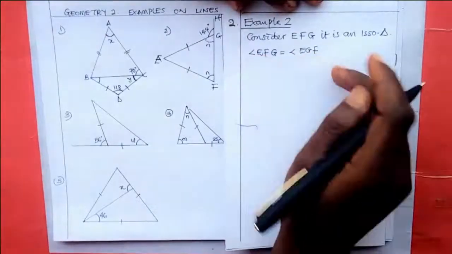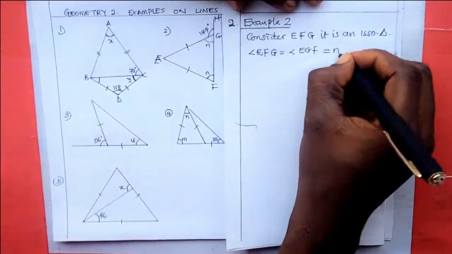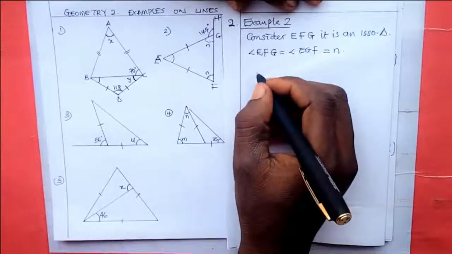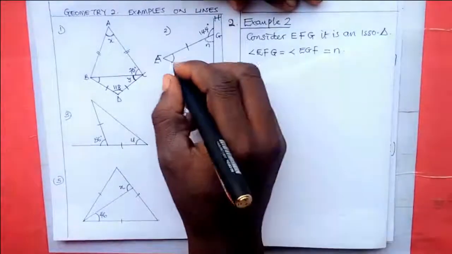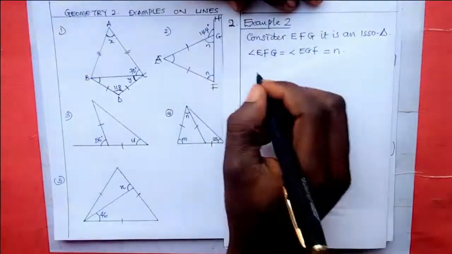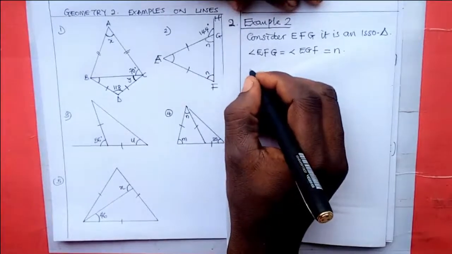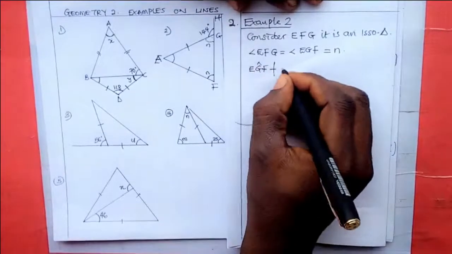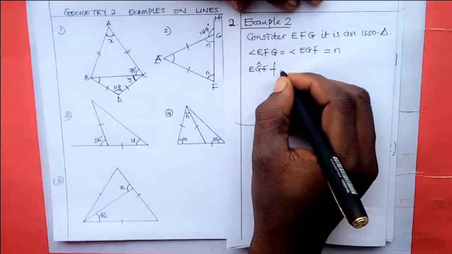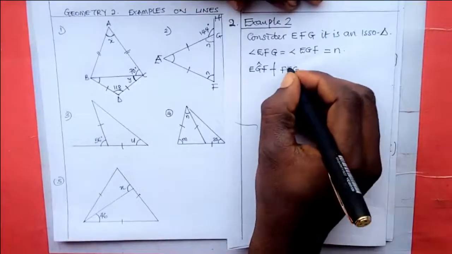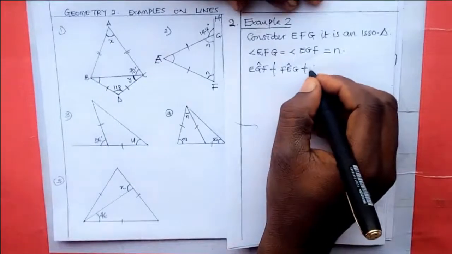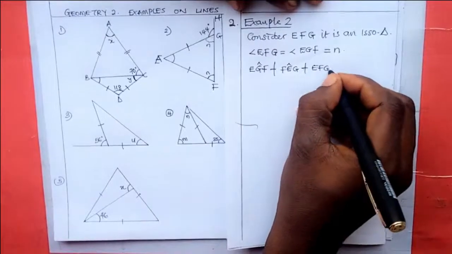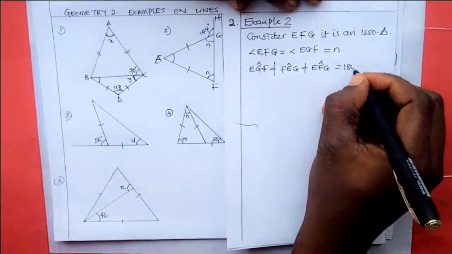So if these two angles are equal and two of them are equal to n, then I want to get this angle E. So I'll call this angle E. So I can say my angle EGF plus angle FEG plus angle EFG must be equal to 180 degrees.